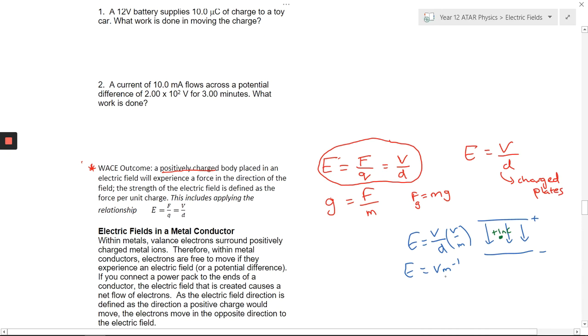You can use this electric field strength equation to say this is the force per unit charge. I can input the charge of positive 1 nanocoulomb. If I know the voltage between the plates and the distance they're separated by, I know the electric field strength, and then I can calculate the force that this sphere is feeling.